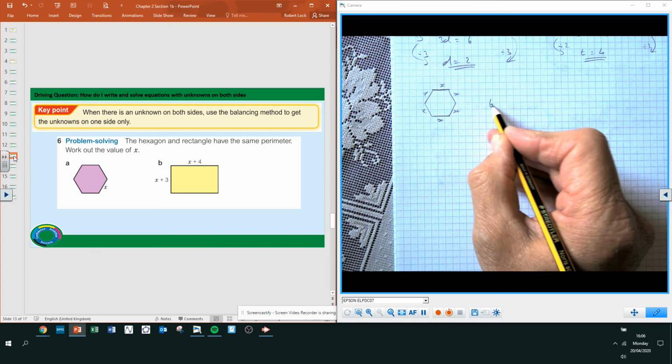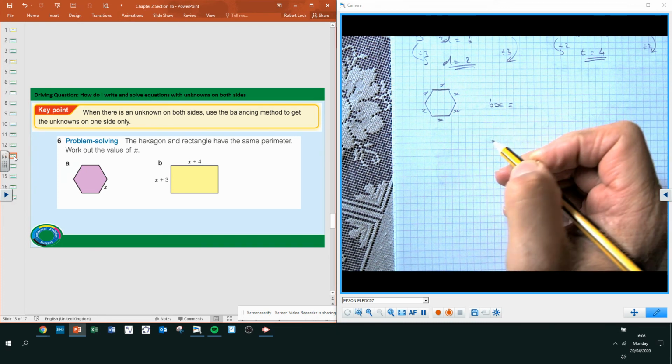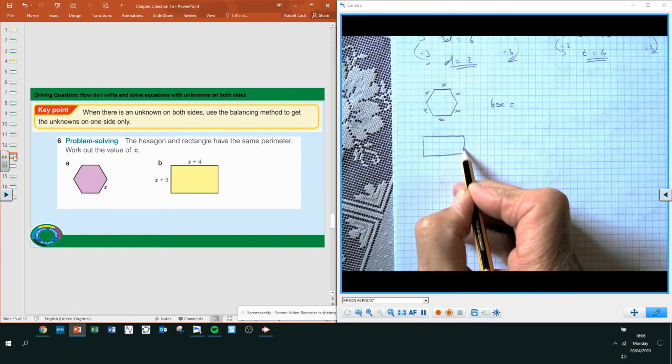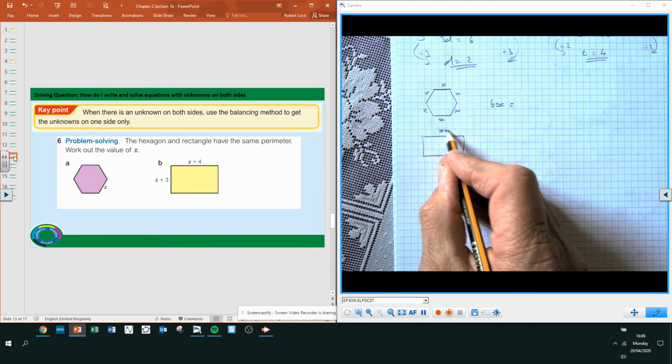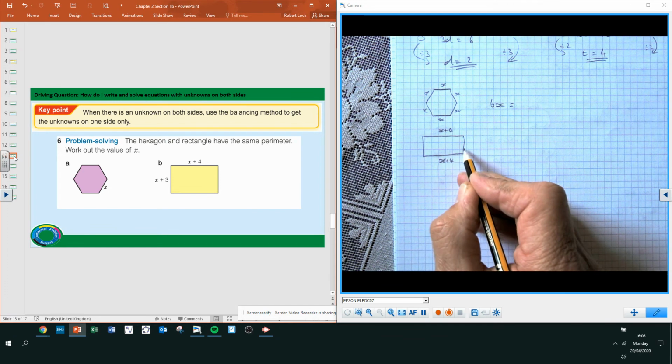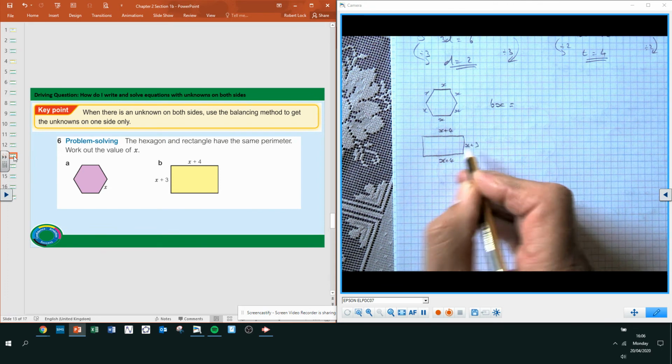So 6x equals same perimeter as x plus 4, and there's 2 of them, and x plus 3, and there's 2 of them.